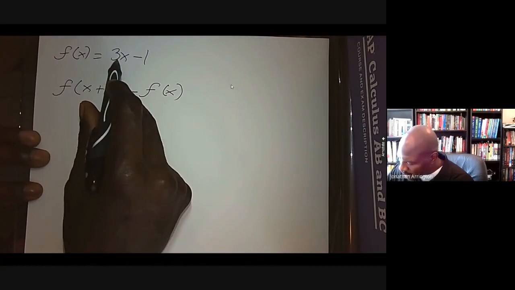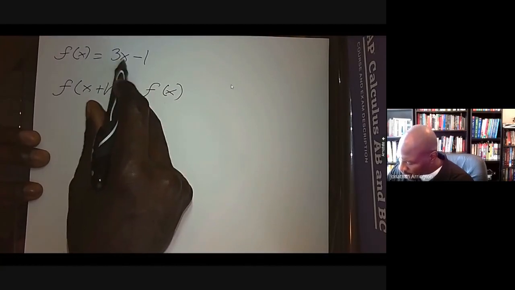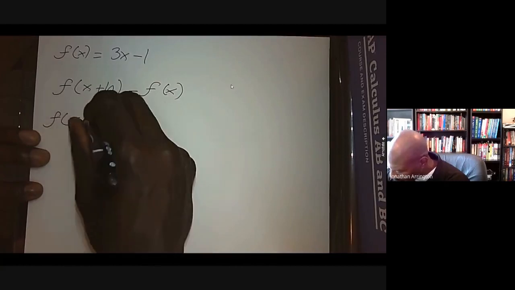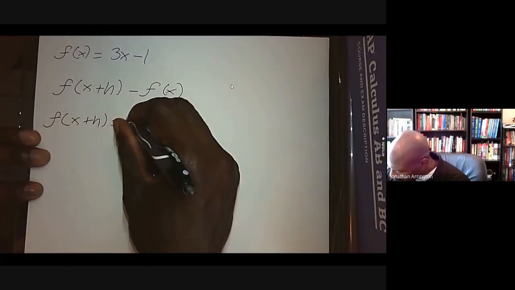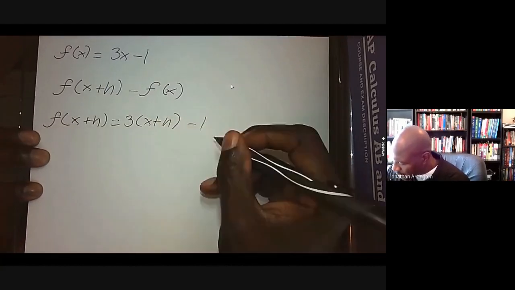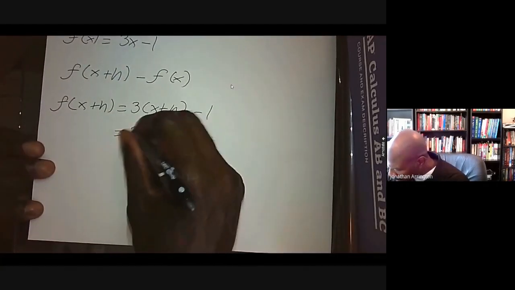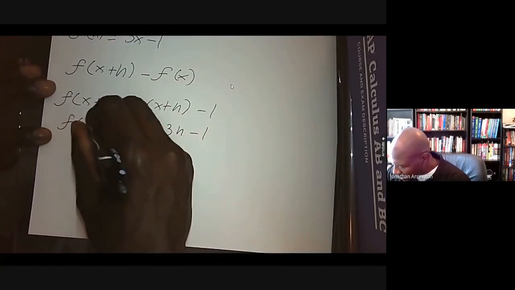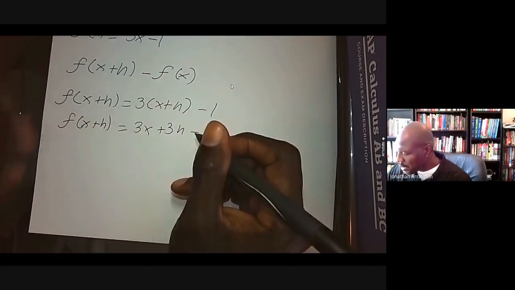So I need to plug in x plus h for x here. So f of x plus h is 3 times x plus h minus 1, or 3x plus 3h minus 1. So that's f of x plus h.